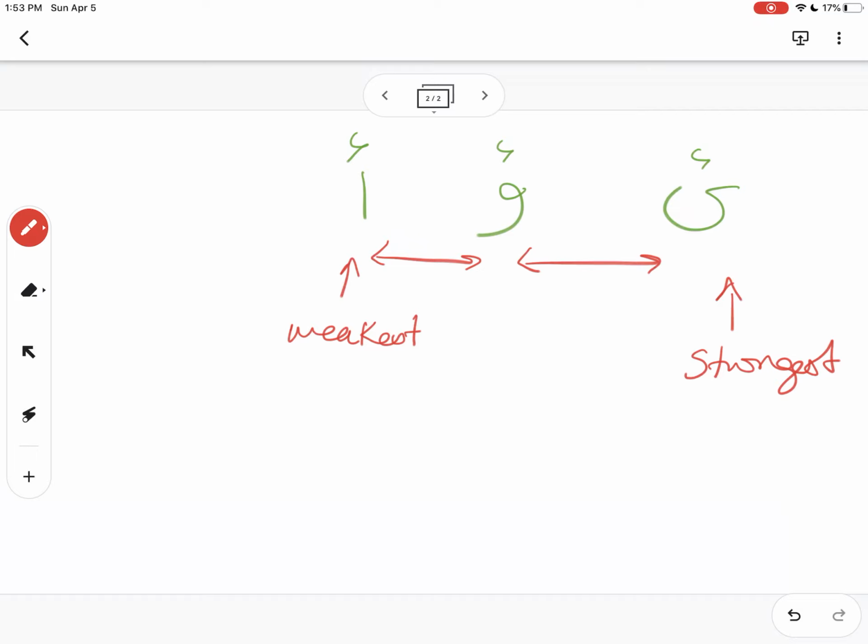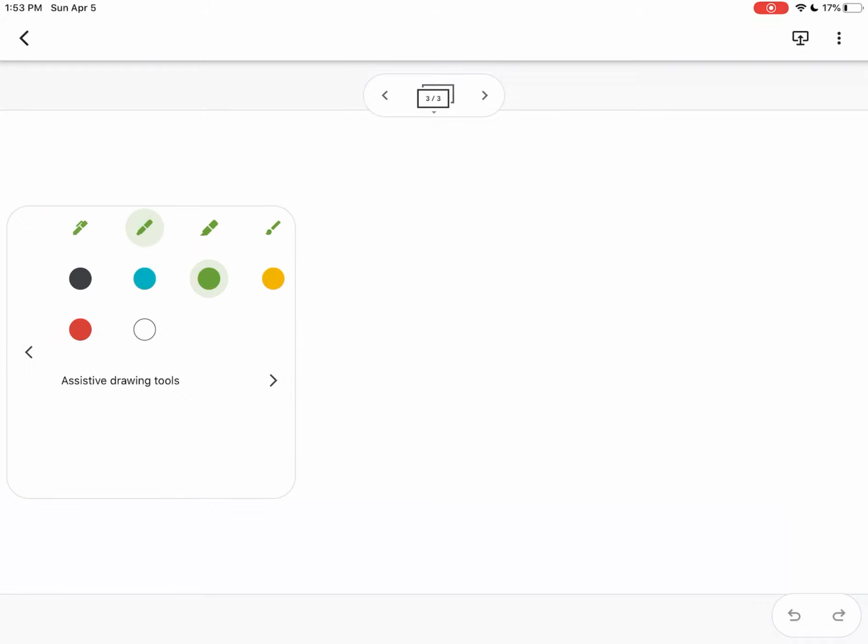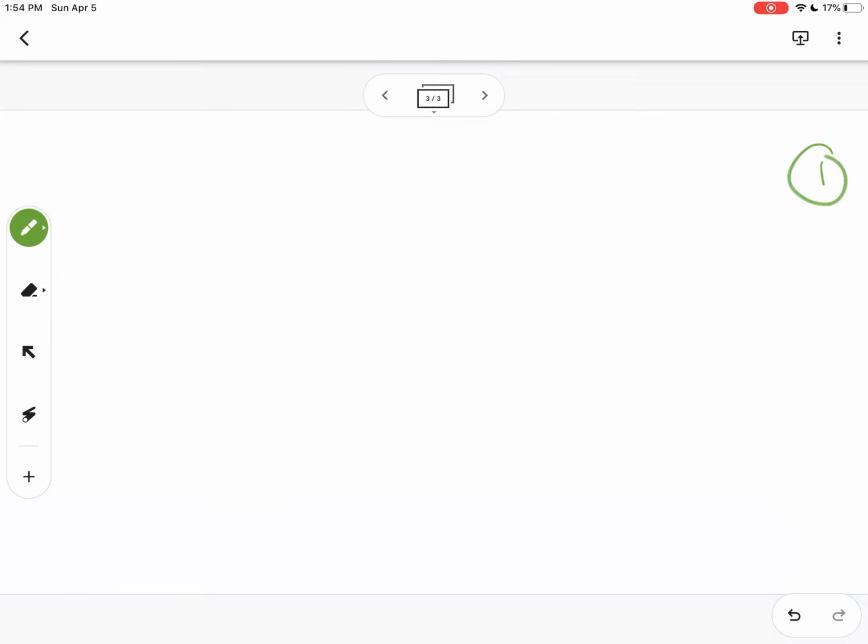Okay, so now let's get into the rules. There are about 5 rules that we're going to go over of how to write the Hamza, how to figure out what chair it sits on when we're in medial and final position. Rule number 1 is the easiest rule.